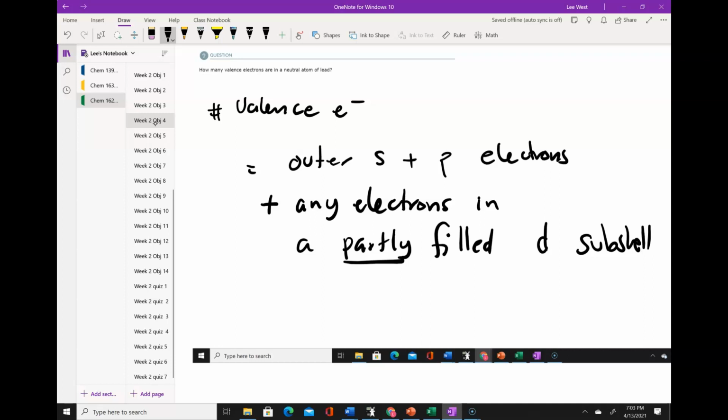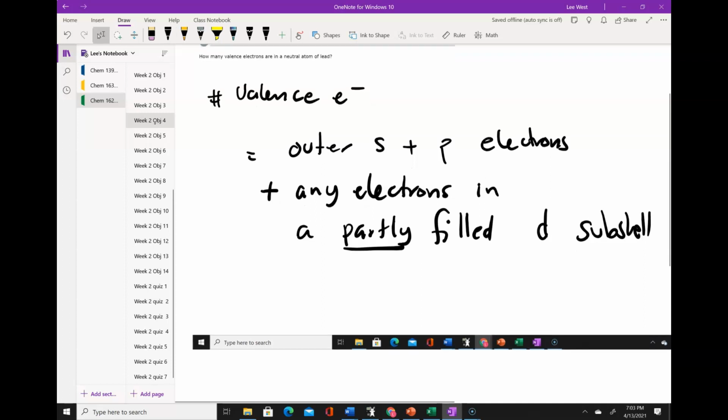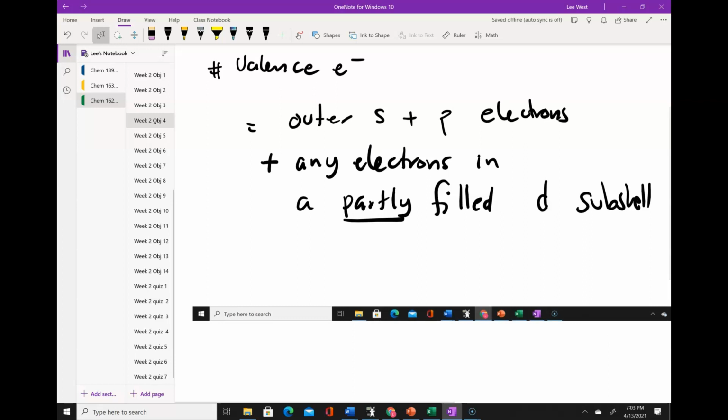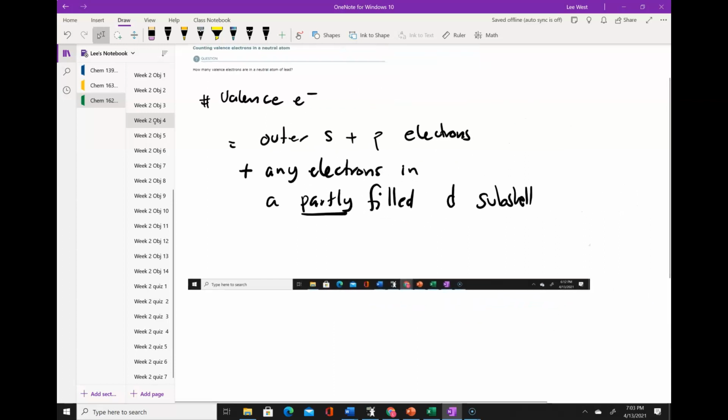Now that seems wickedly complicated until you realize that only transition elements have partly filled d subshells. So that makes it kind of a little easier.